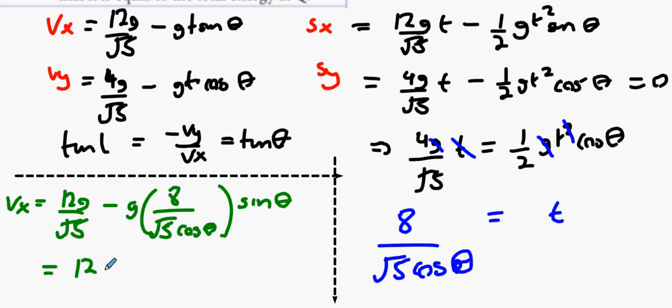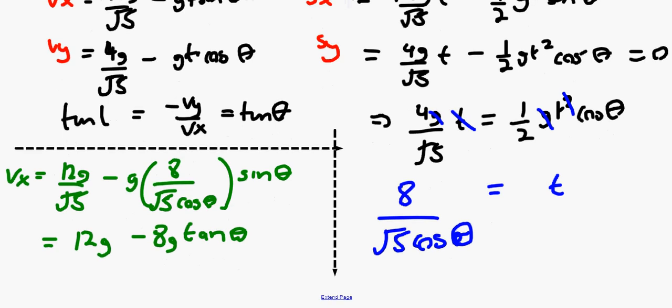Tan theta, no bother. Minus 8g tan theta over root 5. Perfect. These have a common denominator, don't they? Two of these have a common denominator, don't they?